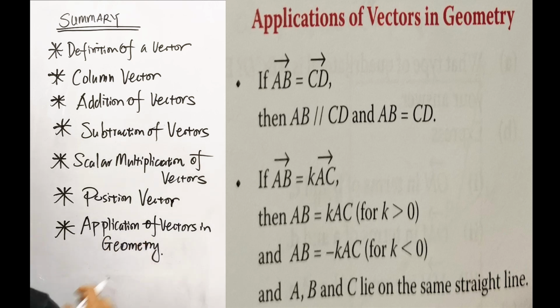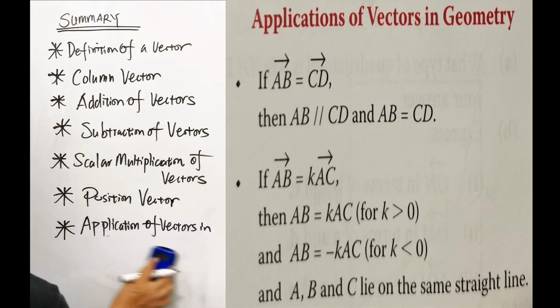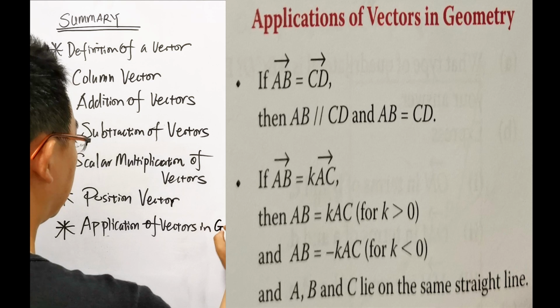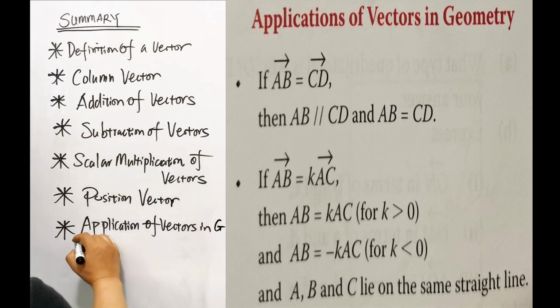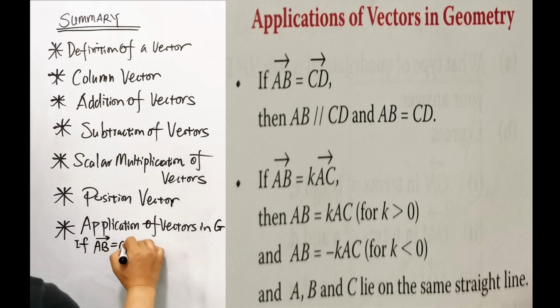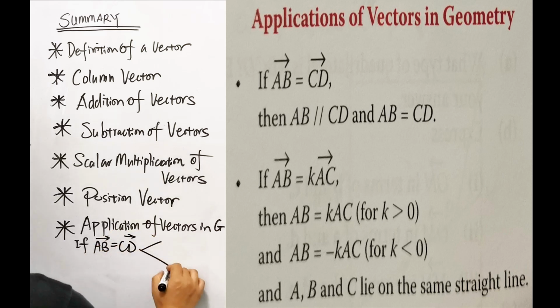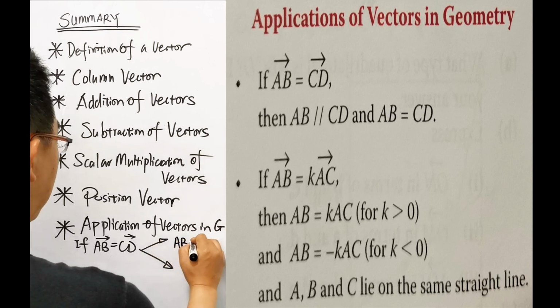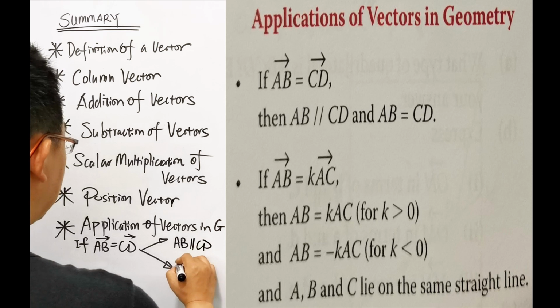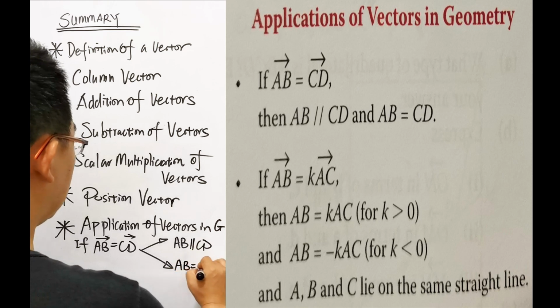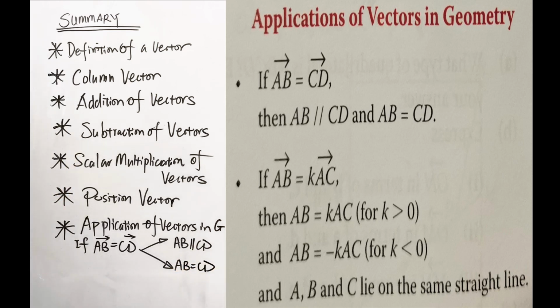If we know AB equals CD, then what do we know? AB is parallel to CD, and in terms of magnitude, these two lines also equal each other, right? This is a very important concept we learned previously.